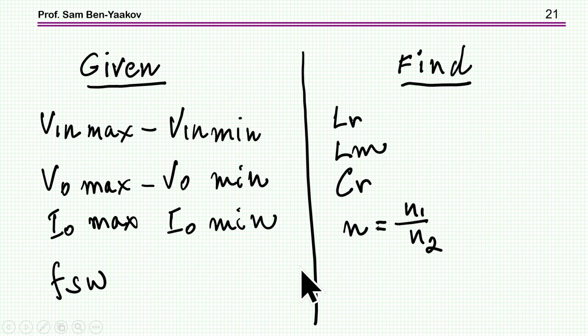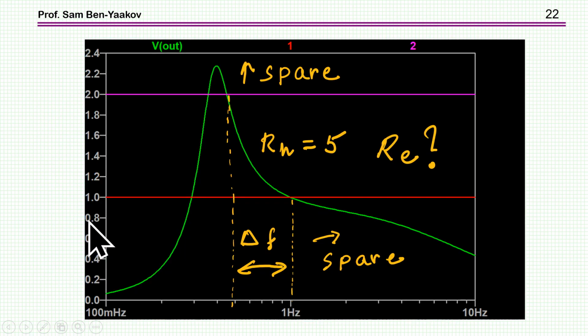If, however, I also would like to accommodate a change at the output voltage and output current. So I'm given these, and again I have to find these values, which I did before, for a case that the V out was constant and I out was constant. So the first thing to do is to realize that the gain that I need is related to the normalized resistance, so it really doesn't matter.